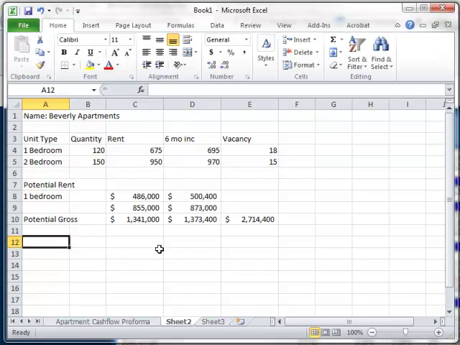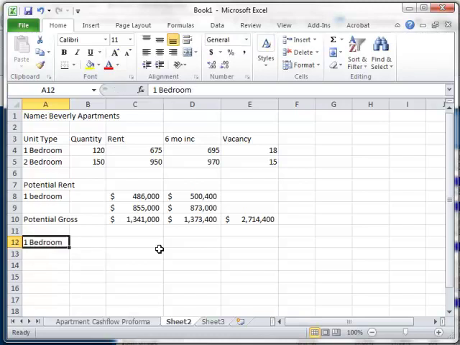But let's suppose that I have a number of units rented at a different amount. These were ones that had previously been rented, and they are going to be for some period of time either above or below the rents that I have scheduled. So let's do that with our one bedroom.